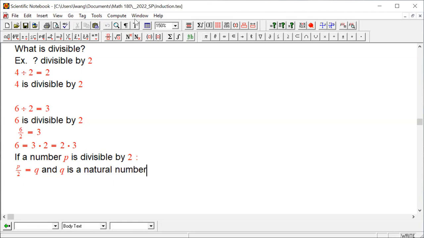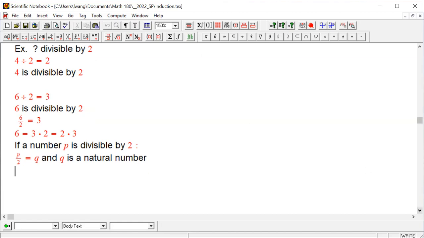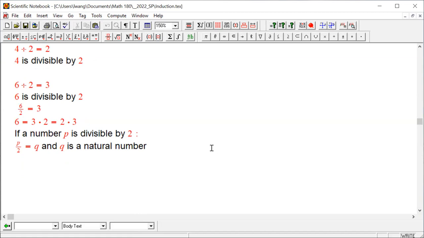In some cases it can be integers and it could be extended to integers, but here, because we're working with natural numbers, we're just going to work within natural numbers.